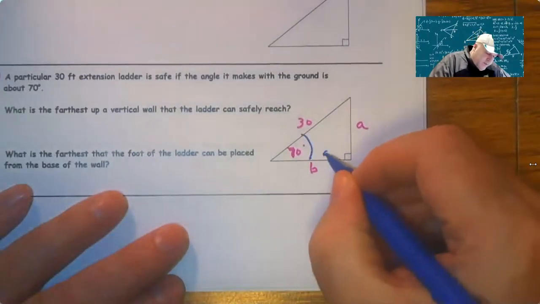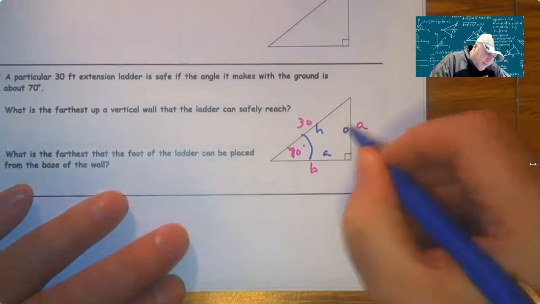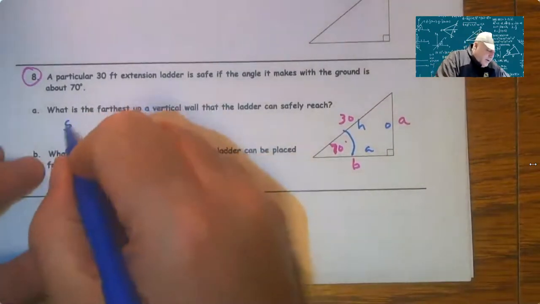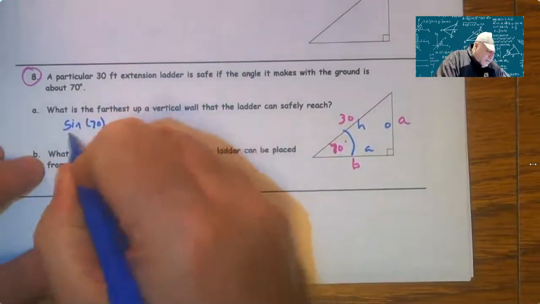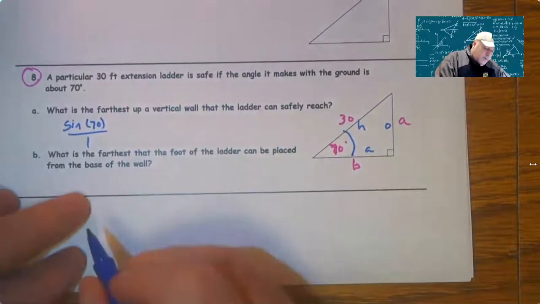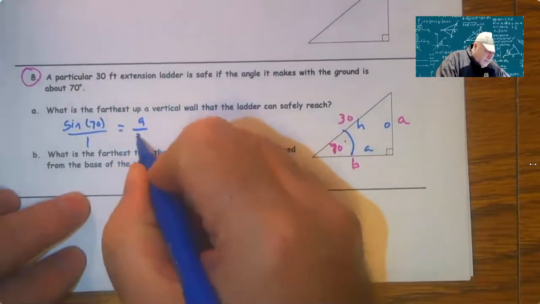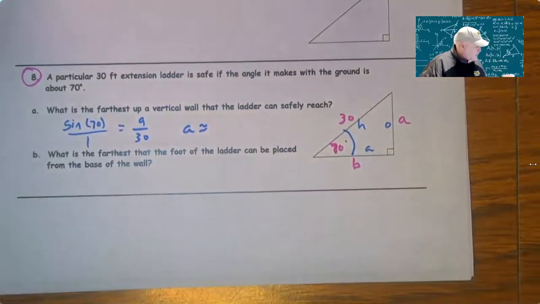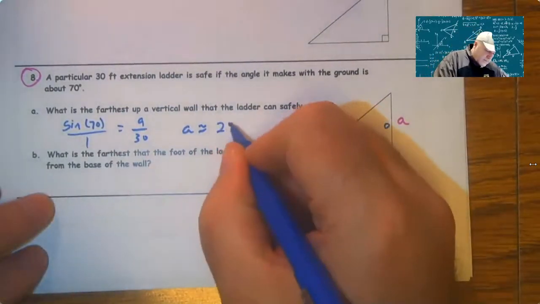Okay, so adjacent, hypotenuse, opposite. On this first one here, to solve for A, that's going to be a sine setup. So sine of 70 over 1 equals A over 30, and A will be 28.2 feet.